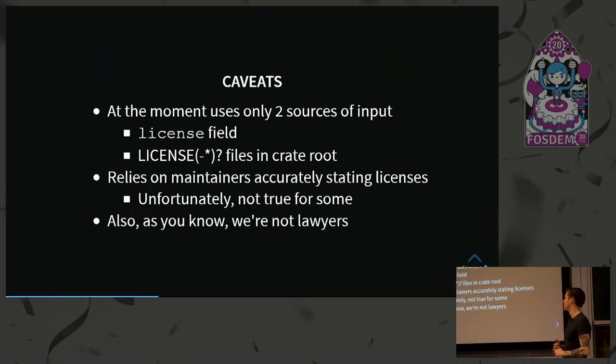But in practice, that's not really accurate, because especially for C dependencies, people tend to include C code into the Rust crate, link it in with everything else, and then completely ignore that the C dependency has a completely different license than the rest of the crate.